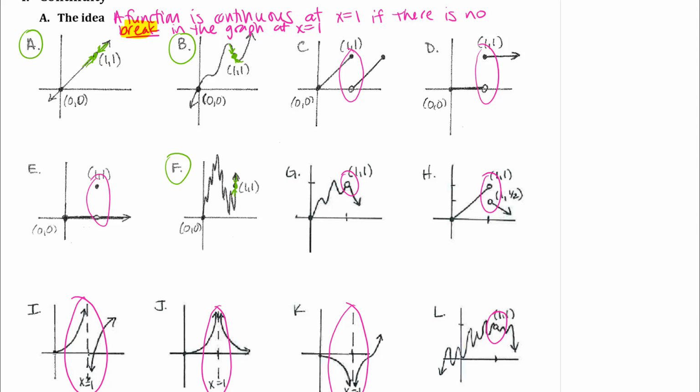But really, going forward, the most important distinction is classifying discontinuities as removable or non-removable. And I'm going to highlight the three in these pictures that are removable discontinuities. So there's one on the graph of E, one on the graph of G, and one on the graph of L. And those are the ones that are considered removable discontinuities.